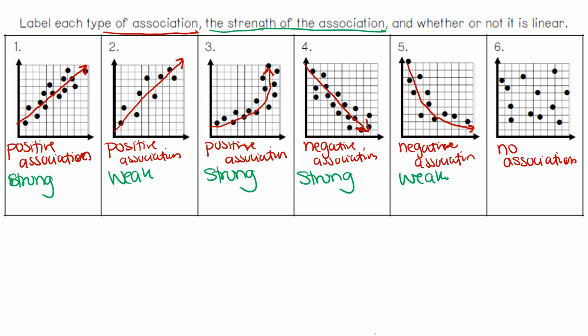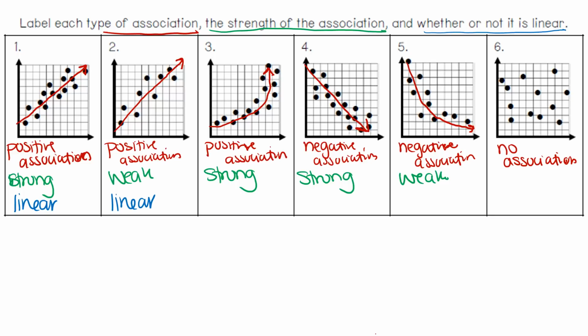The last section asks us to decide whether the graph is linear or not. Remember, linear means straight line, nonlinear means not a straight line. In number 1, I have a straight line running through the middle of my graph, so that one is linear. Even though the points don't form a straight line, they are close to being in a straight line format.